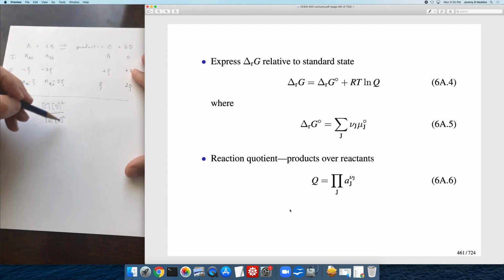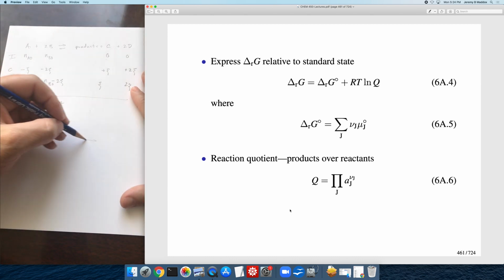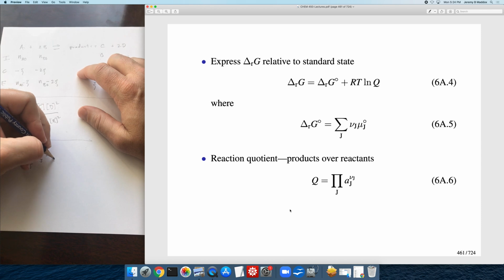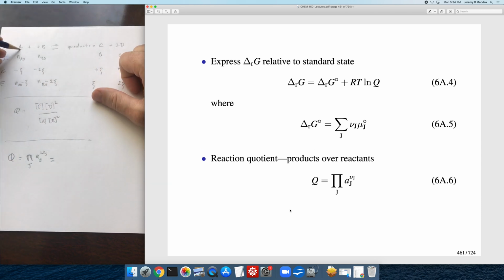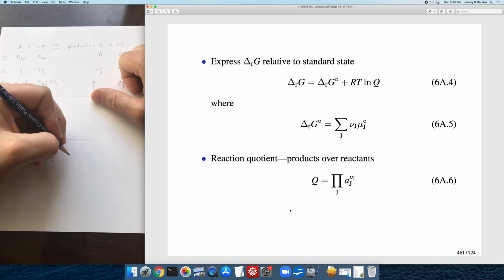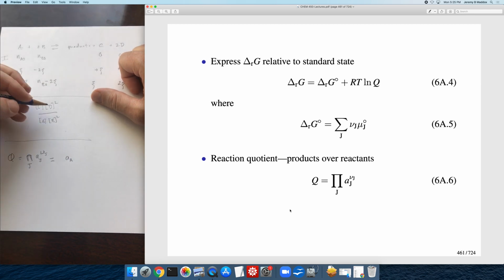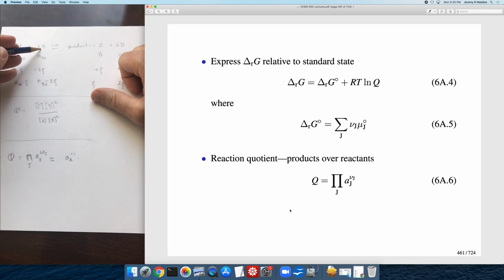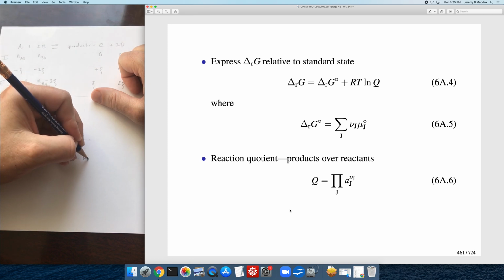Here I've done this in terms of concentrations. I probably should have used the formula on the slide, so let me try that again. It's a product, like so. I'll just go from left to right now. Component 1 is species A, so I'm going to write the activity of species A raised to its signed stoichiometric coefficient, which is -1. Then the next factor will be the factor for species B, raised to its signed stoichiometric coefficient of -2.